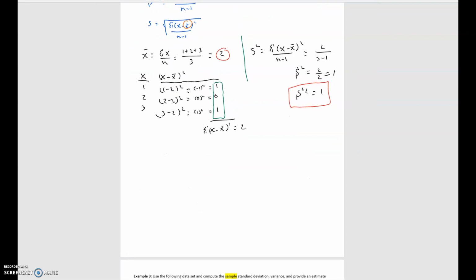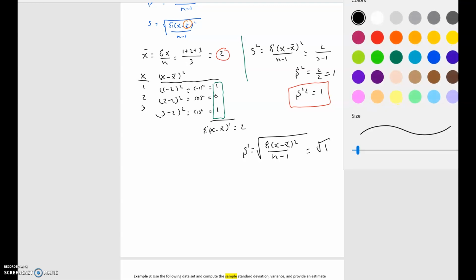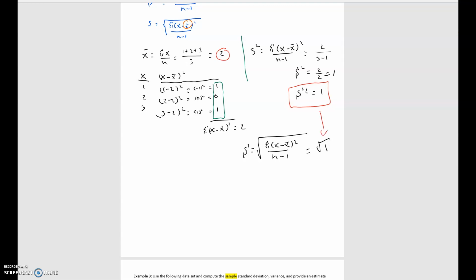Now, let me write the standard deviation. In this case, s is equal to the square root of the sum of x minus x bar squared divided by n minus 1, which is equal to the square root of 1. I'm just obtaining that from above.